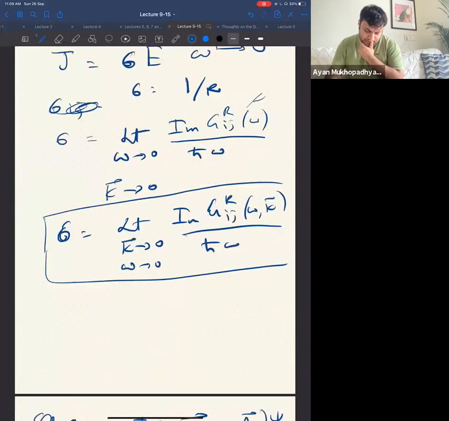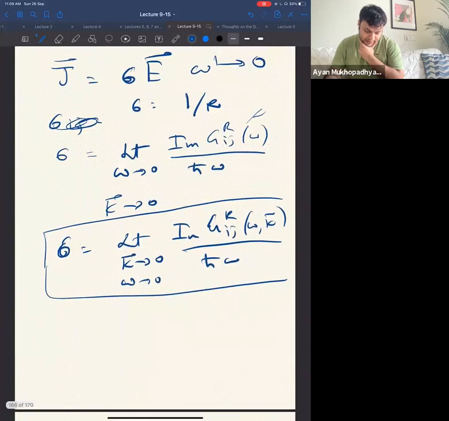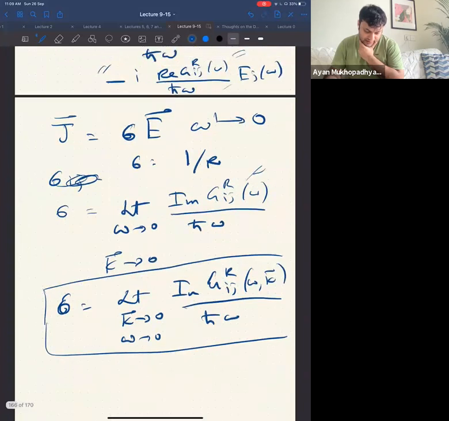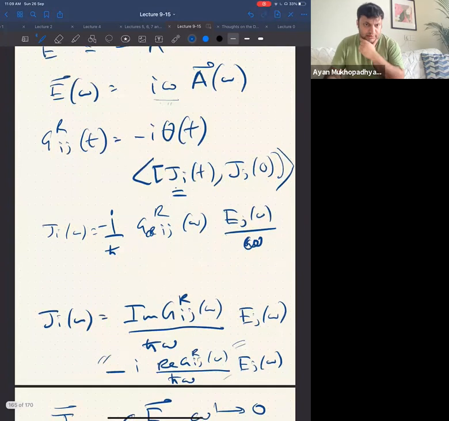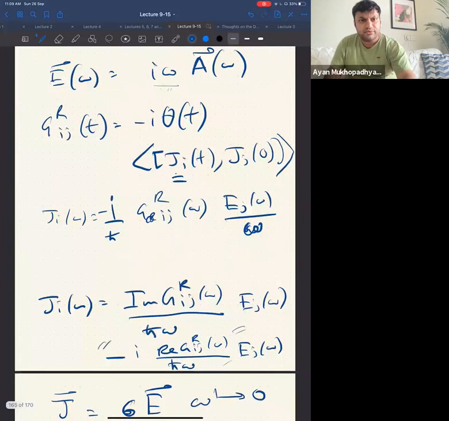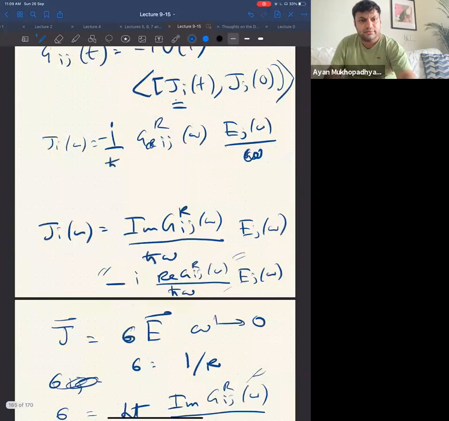But there seems to be some small error somewhere, some i or something I've not taken into account. Okay, let me check from my notes if I could figure this out.